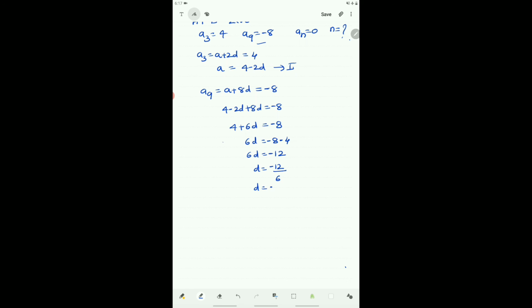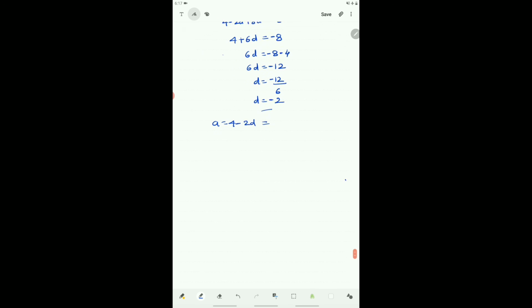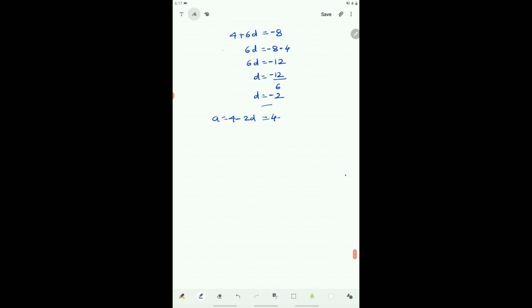D is equals to -2. You got the value of D here and get the value of A. That is A is equals to 4 minus 2D is equals to 4 minus 2 into -2. That is 4 plus 4 is equals to 8. You got A is equals to 8. D is equals to -2.